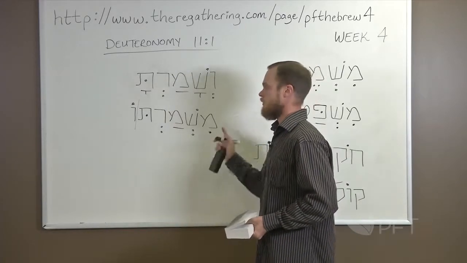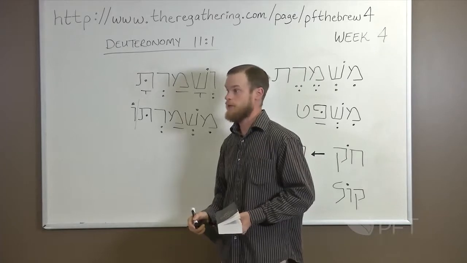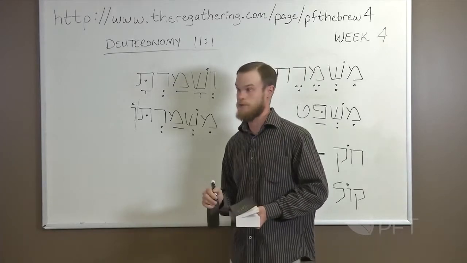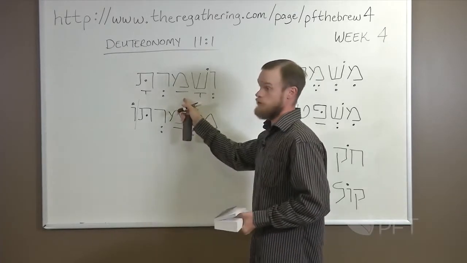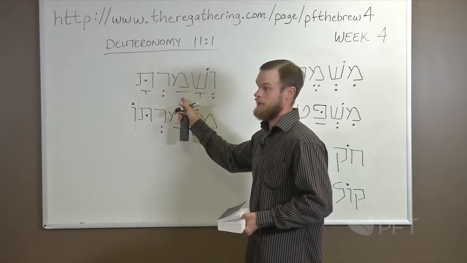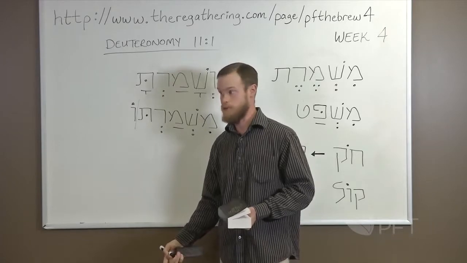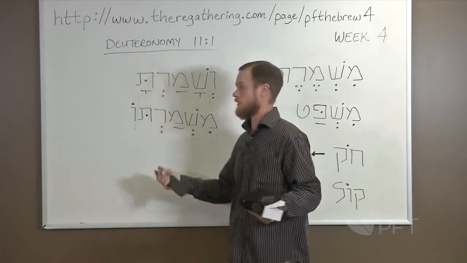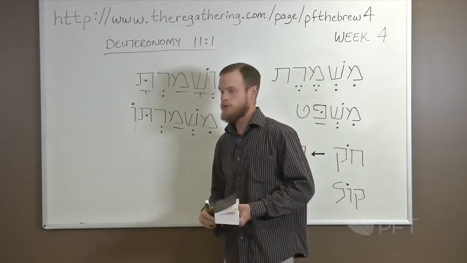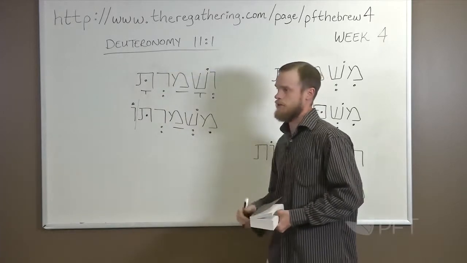Incidentally, it's more efficient in this case not to use et, because there's no way that this can be misinterpreted. The subject is built into the verb. Okay? So shmarta means you will keep, and whatever comes after has to be the object. It can't be the subject of the verb. Right? The subject's already attached to the verb. So the et is technically not necessary here.